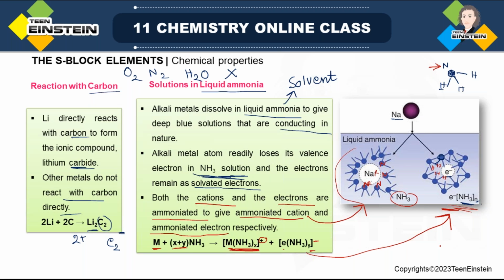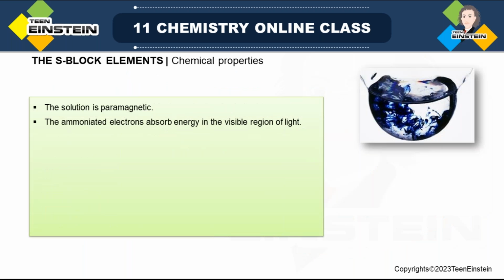Now this solution is blue in color, and there are also some specific characteristics of this solution. Study them very carefully because you will get questions regarding it. So see how the solution looks. It looks like this, blue color. First important characteristic, it is blue in color. Second, it is paramagnetic, because of this unpaired electron.